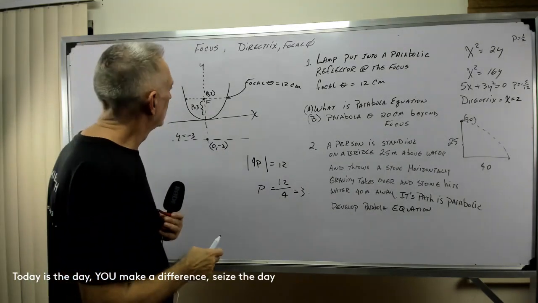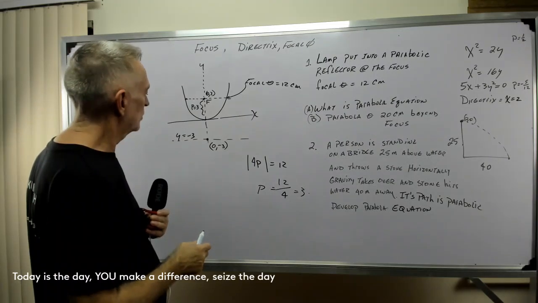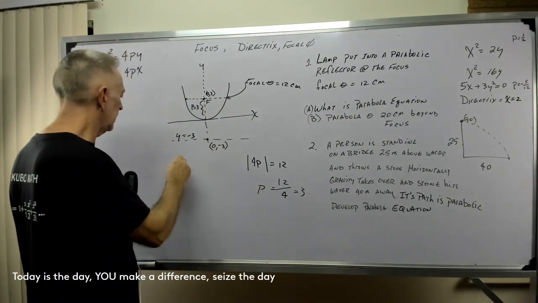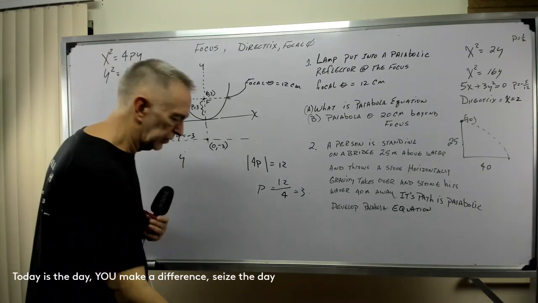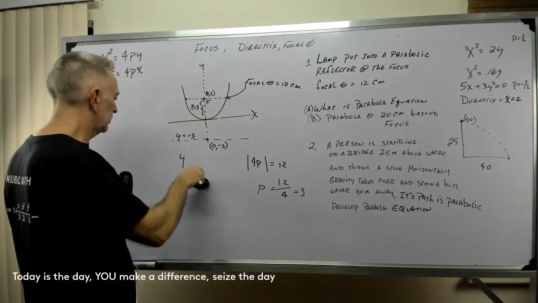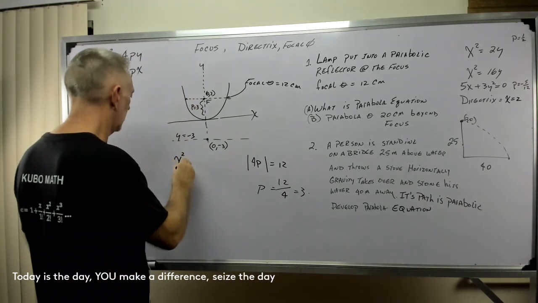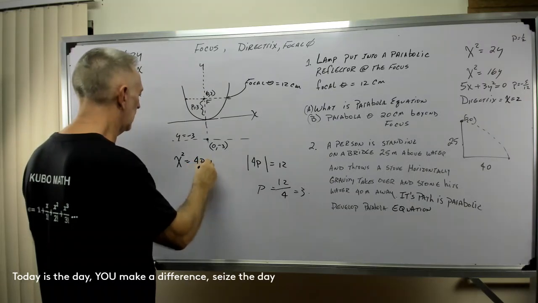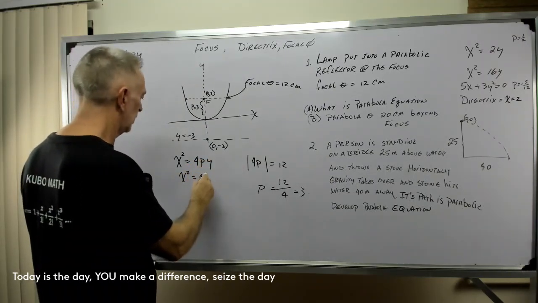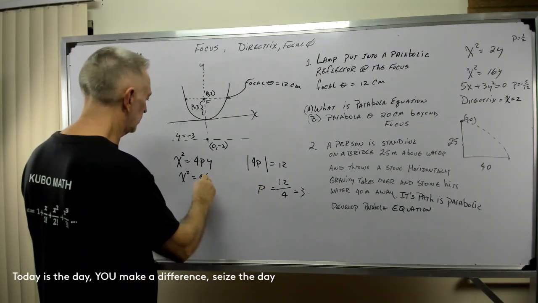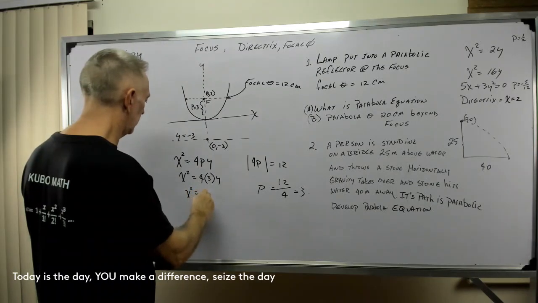What else do we know here? Focal diameters. Oh, so we've got everything we need, don't we? Since the shape opens up, x squared equals 4py. So x squared equals 4 times 3y, so x squared equals 12y.